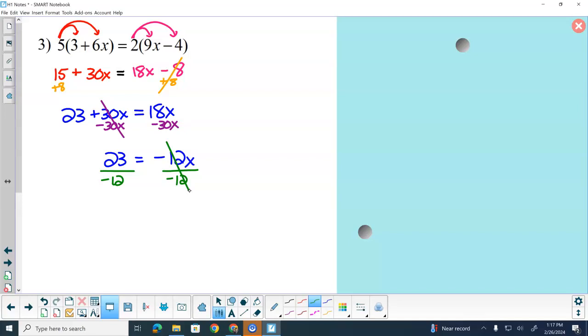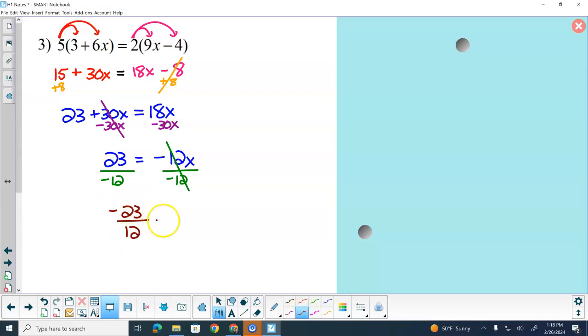No, not constant. That's close. C-O-E. There we go. Coefficient. Yes, it's called coefficient. Negative 23 over 12.